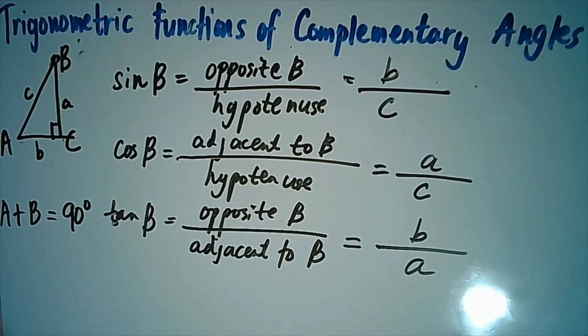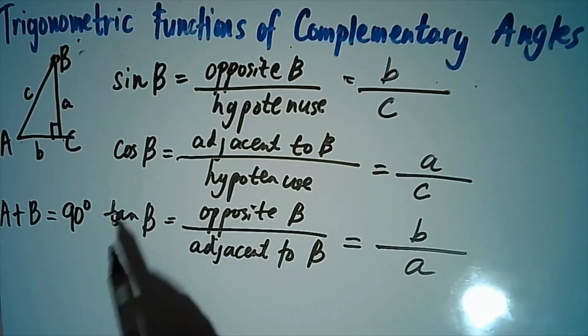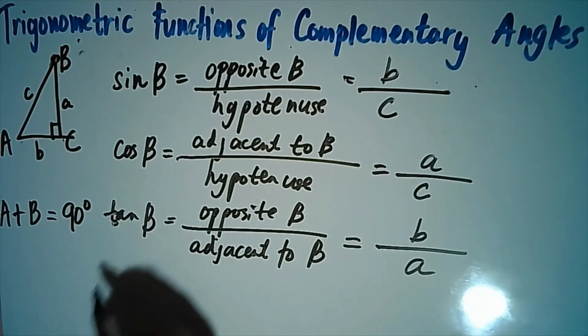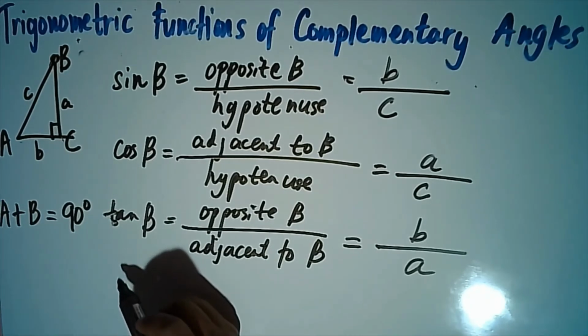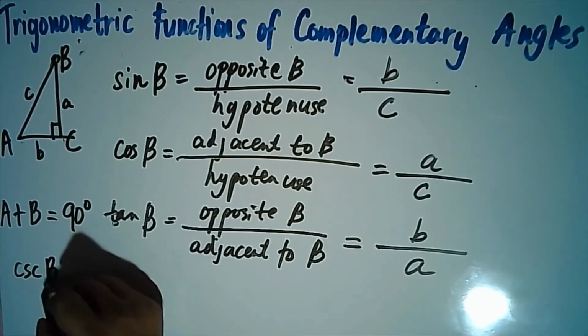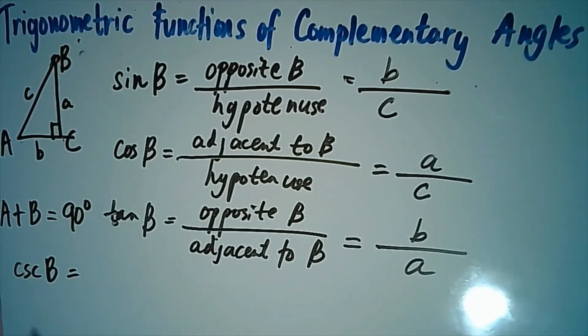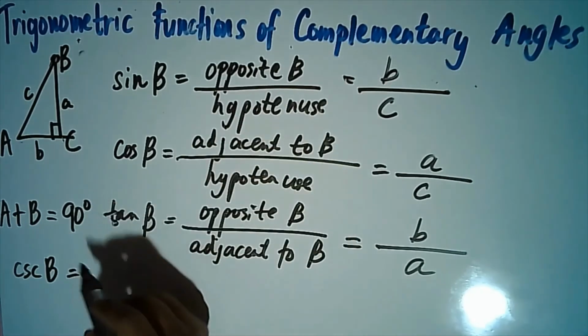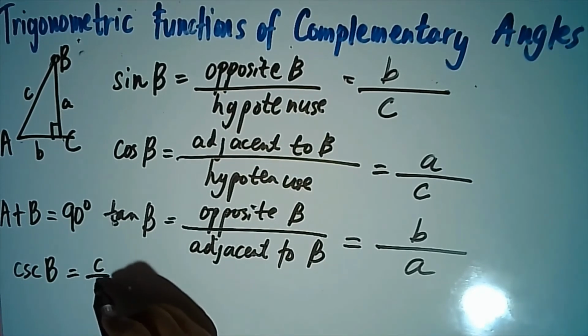So the other 3 trigonometric functions are just the reciprocal of these 3 trigo functions. So we can find cosecant B is equal to the reciprocal of sine B. It will be c over b.